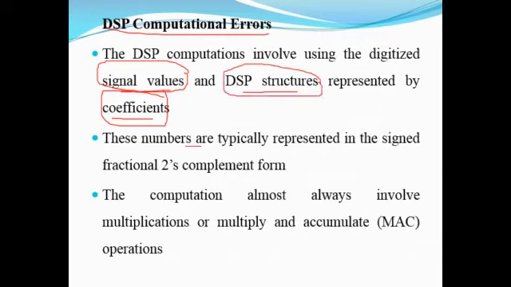These numbers are typically represented in signed fractional 2's complement form, and this is done by a unit called the MAC unit, which performs two operations simultaneously, multiplication and accumulation. It multiplies two values and accumulates, or stores, the result.